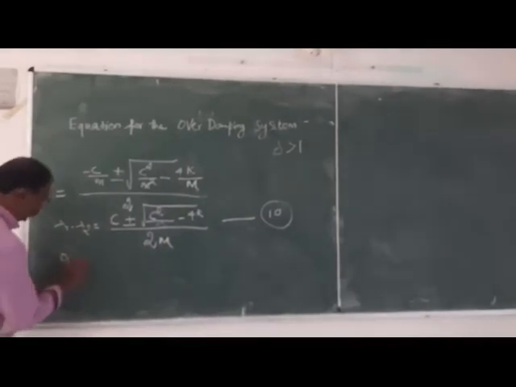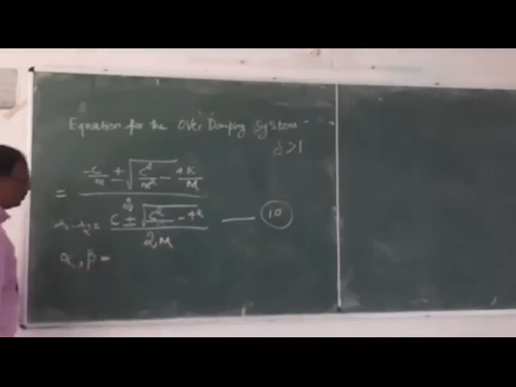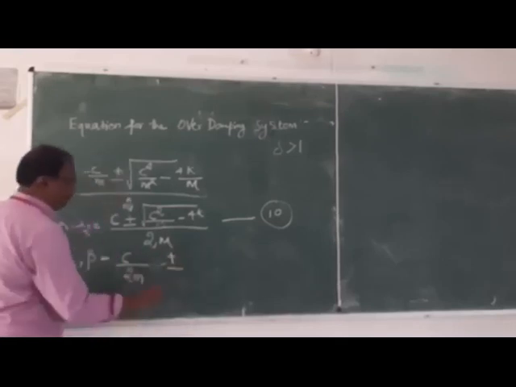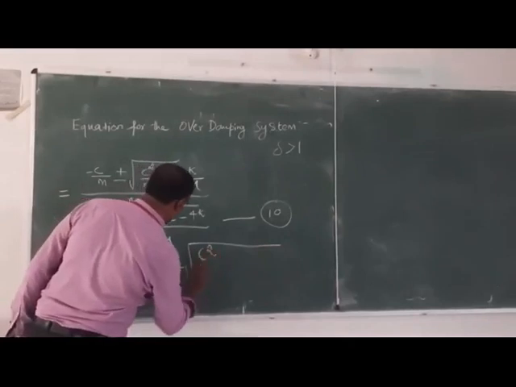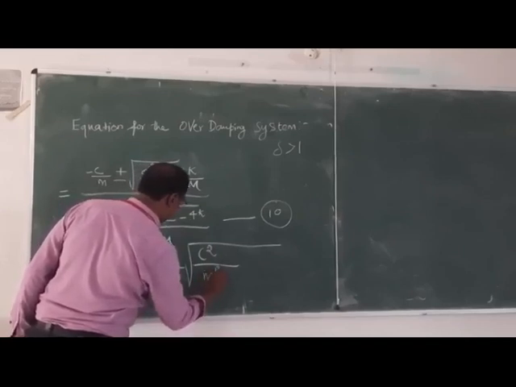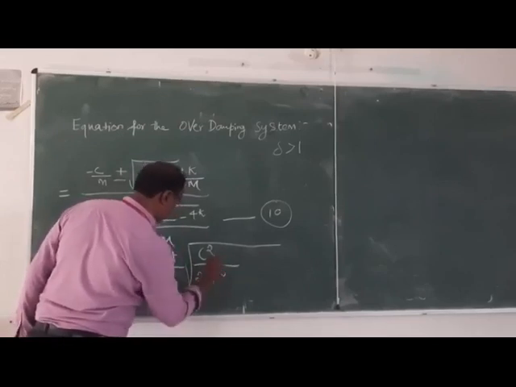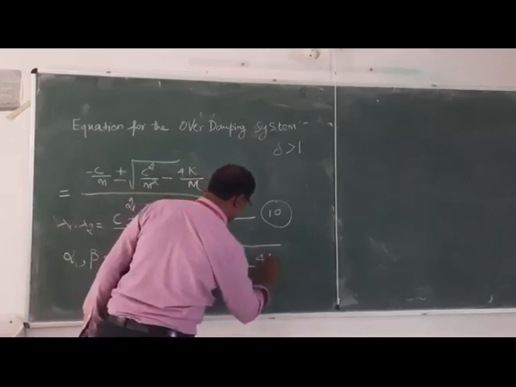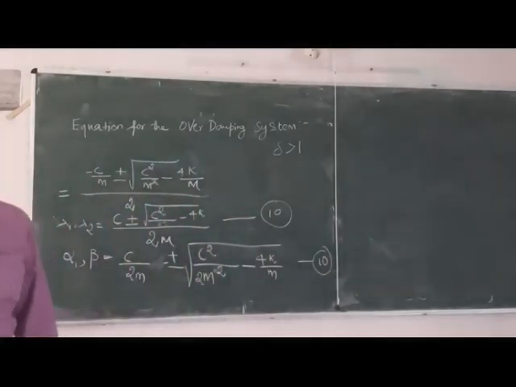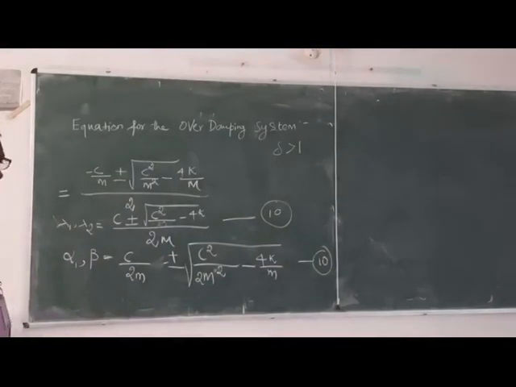Here roots alpha, beta are... This is the equation for the radial form.